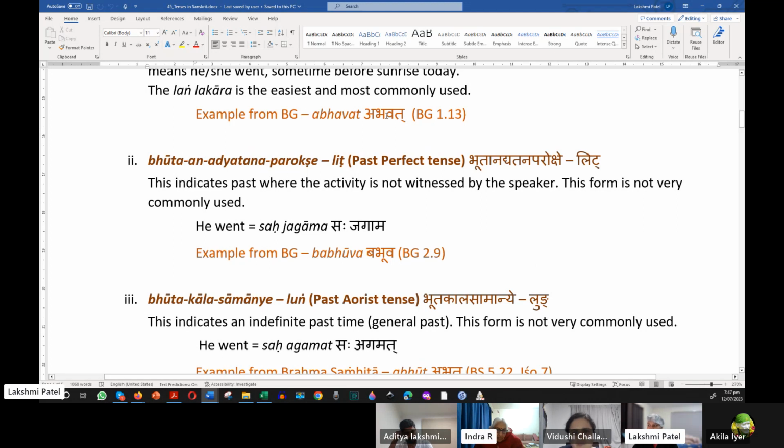So abhavat: bhavati is now happening, bhavishyati in future, abhavat in the past. Same way, babhuva in the past, and I did not witness it.